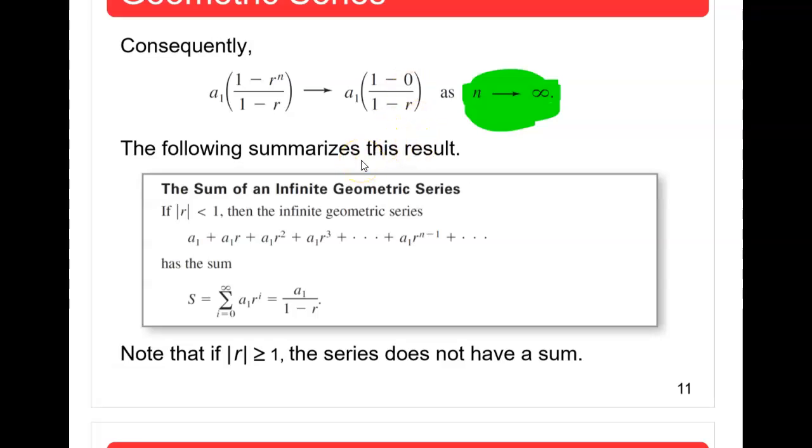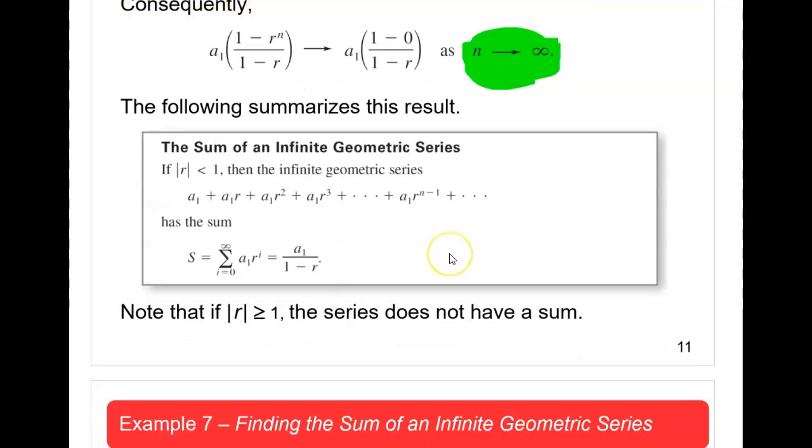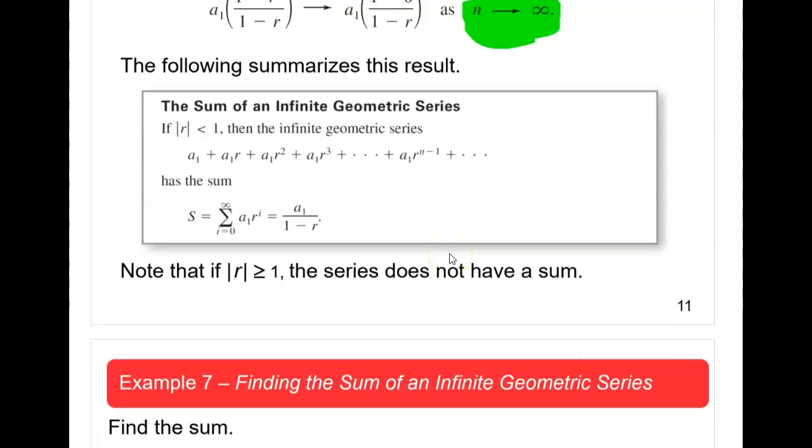So based on that, we summarize the result here with the formula for the sum of an infinite geometric series.